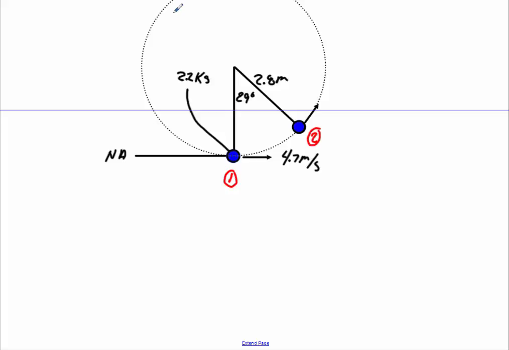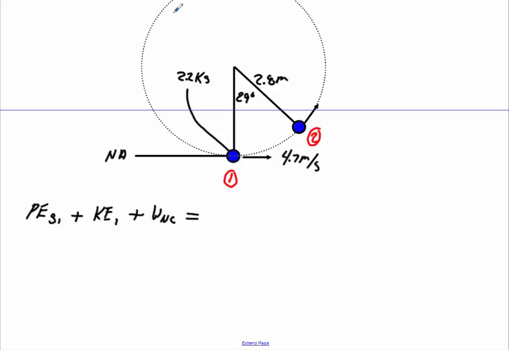So I write out the potential energy of gravity at 1 plus the kinetic energy at 1, and I'll put in work done by non-conservative force, and we know there's not going to be friction, so that's going to be equal to 0.